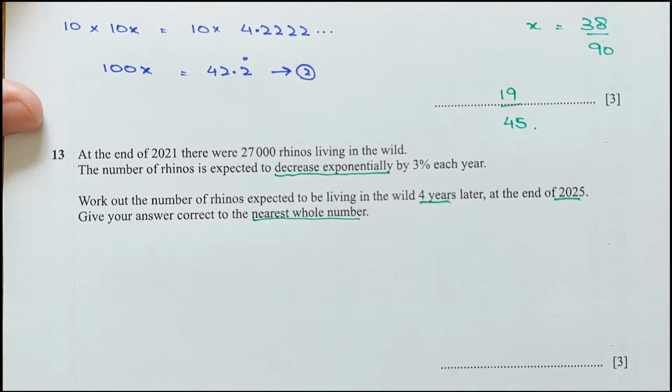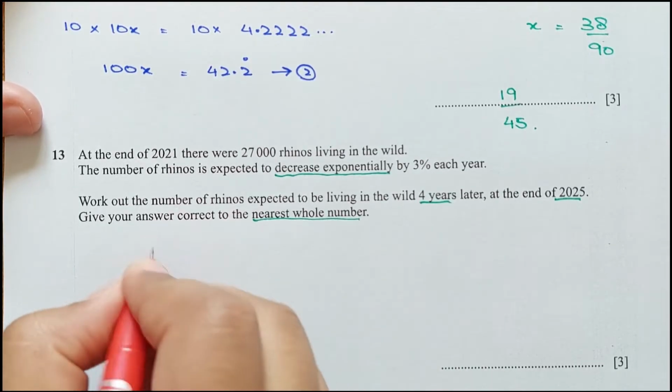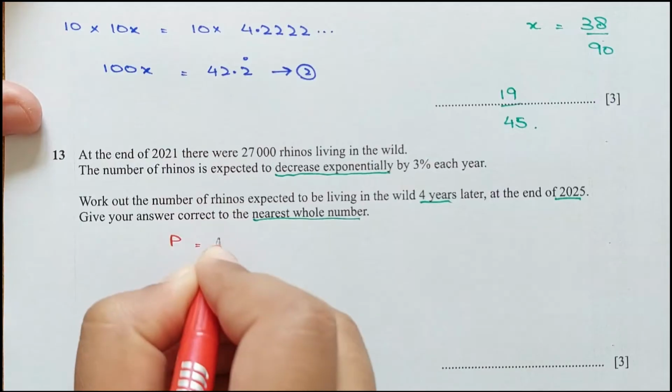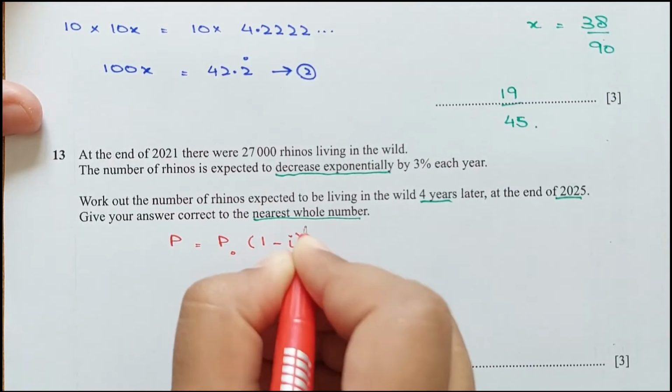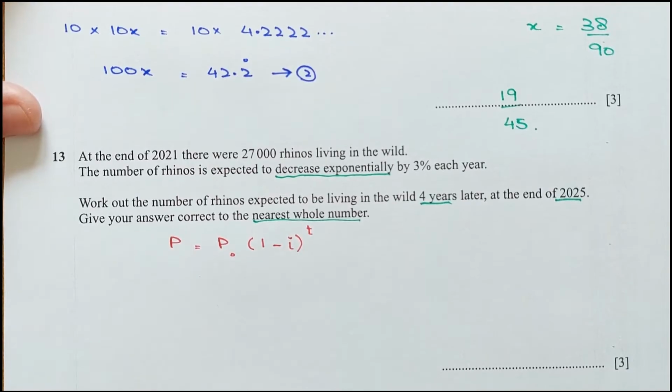So this is exponential decay. We have to use a formula for exponential decay. The population is decayed. So the formula is P equals P naught into (1 minus r) to the exponent t. This is the formula of population of rhinos for exponential decay, right?